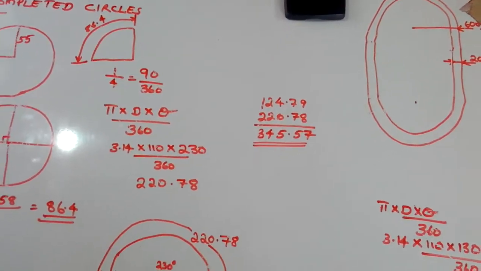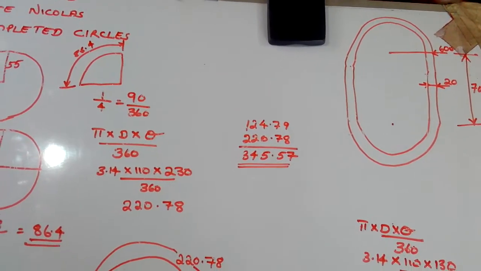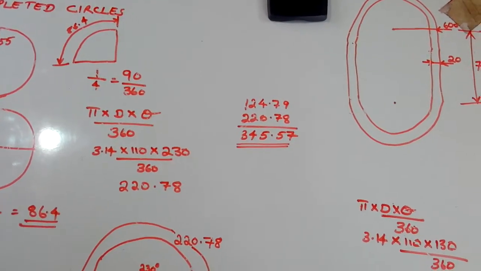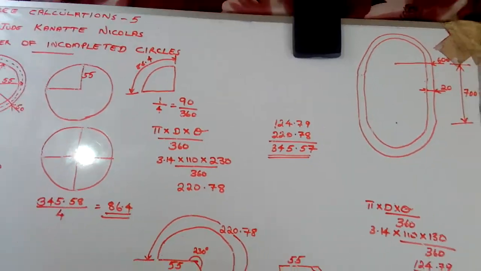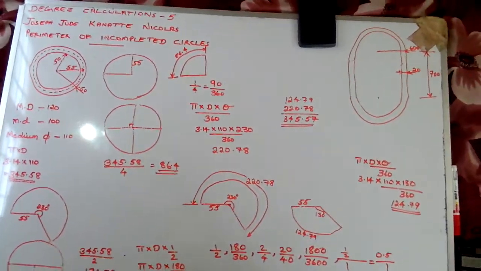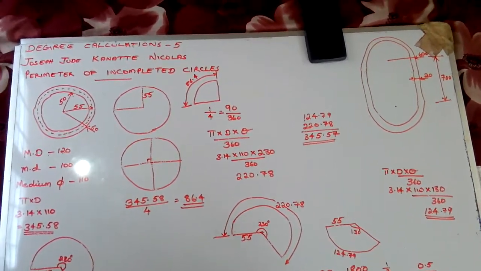So tomorrow when I come for class, you have to calculate its development length. Height tomorrow I shall give you. Okay, now I am stopping it. Tomorrow again we shall come to the sixth episode of degree calculations. Okay.